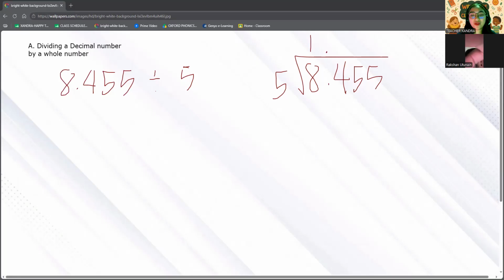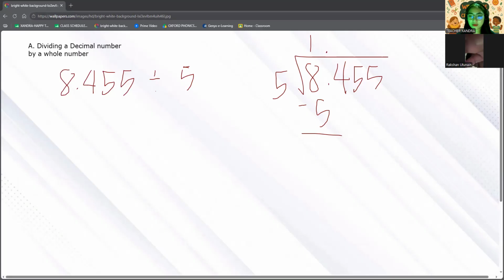So 1 times 5, Rakshan, that's what? 5. Okay, 5. And then 8 minus 5.